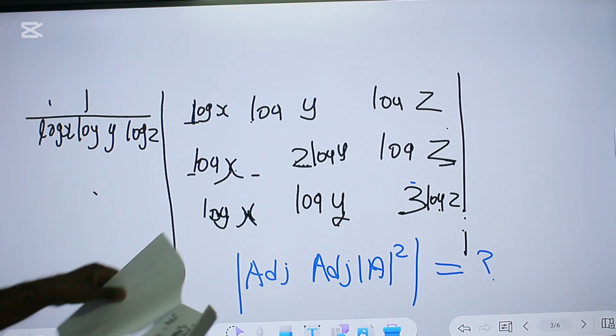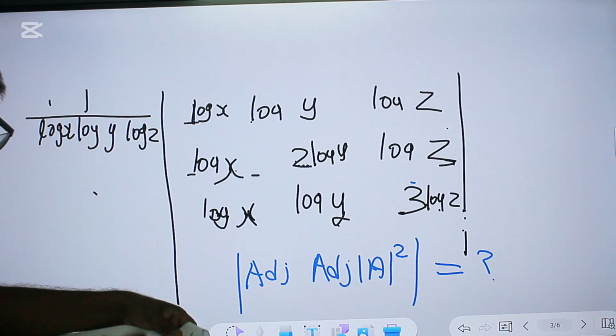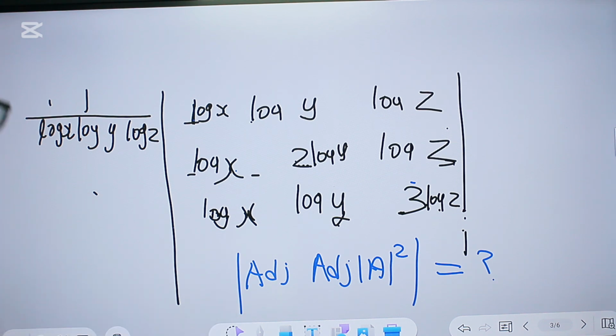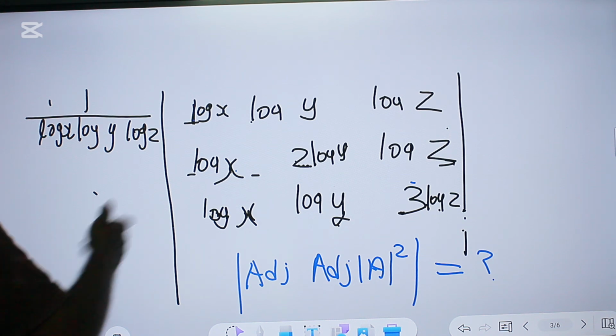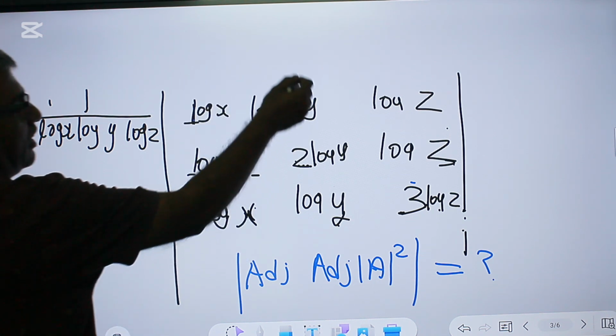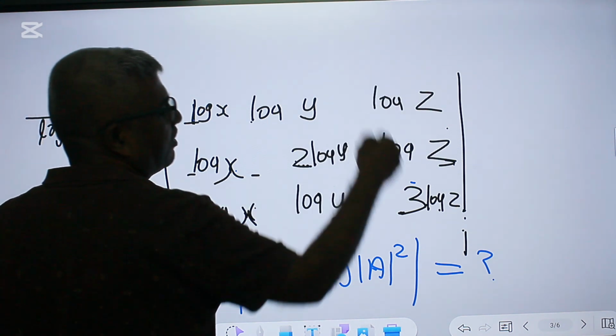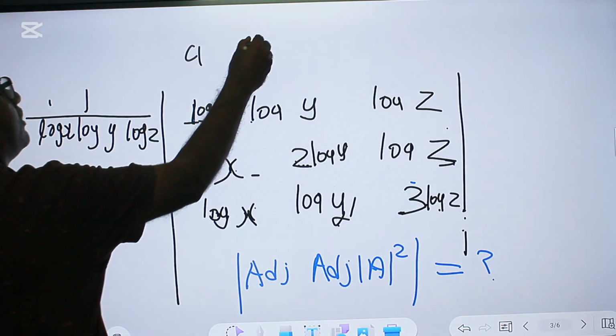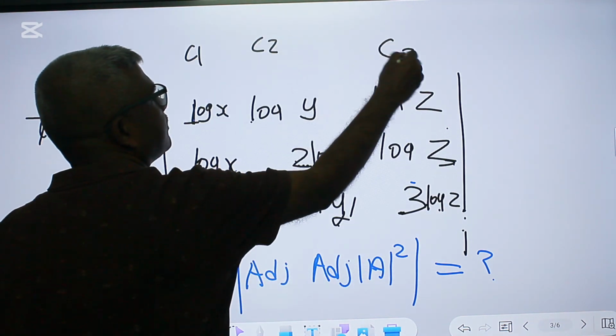Then what we can do next? Take log x from this side, then log y here, log z here: log x from C1, log y from C2, log z from C3.